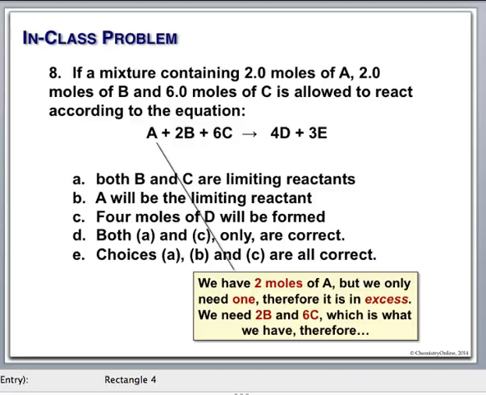So that means that we have lots of A, don't we? We have just enough B, just enough C. Don't we have lots of A? Therefore, A is not the limiting reactant, is it? In fact, B and C will both be limiting because we have just enough of those.